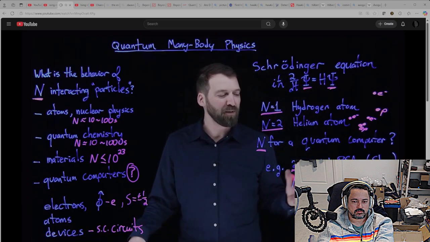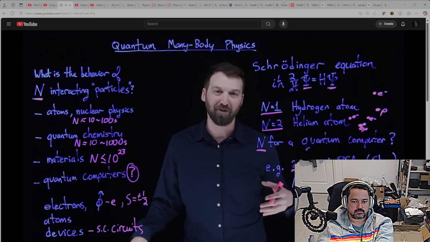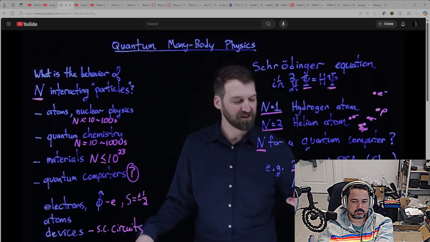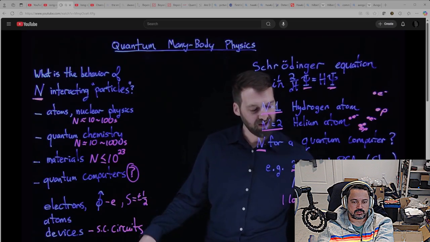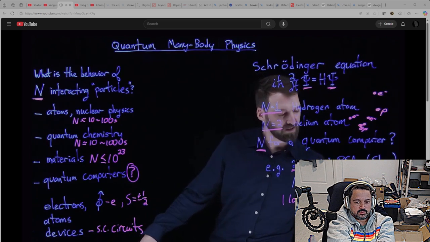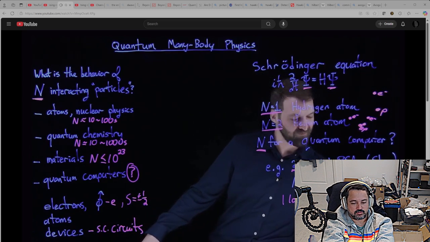What one must understand is that one logical qubit is often made up of several thousands, or in the best case scenario, hundreds of physical qubits. Because of error correction, one logical qubit is say 100 to 1,000 physical qubits, at least right now with current technology.